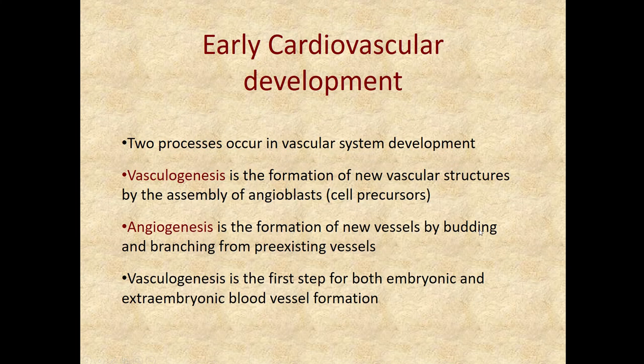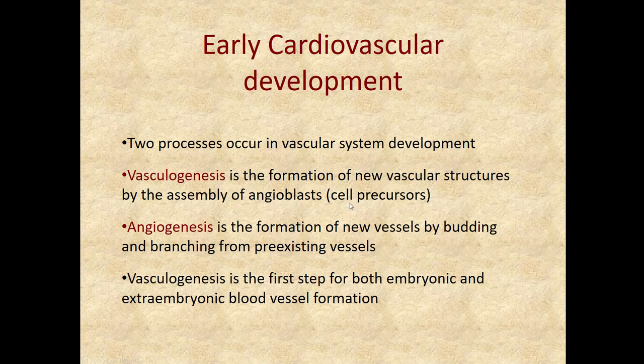And there are two processes that occur within vascular system development. One is called vasculogenesis, and that's the formation of new vascular structures from the assembly of angioblasts. Angioblasts are the cells that are destined to become blood cells or blood vessels, depending on what they get told they're going to be by interacting with nearby cells.